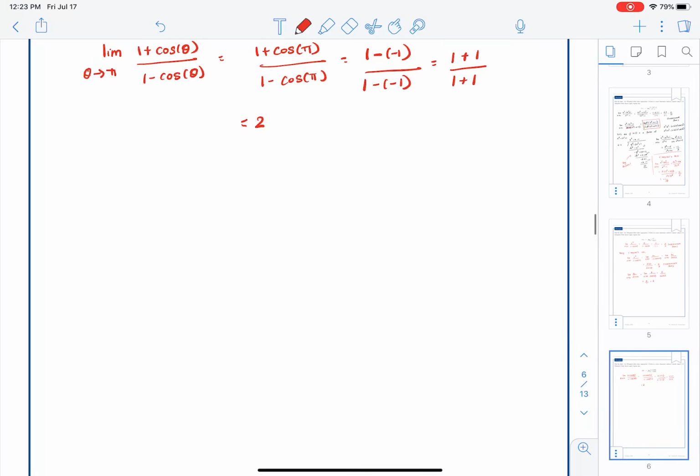So we don't have an indeterminate form, so L'Hopital's rule doesn't apply, because we do not have an indeterminate form.